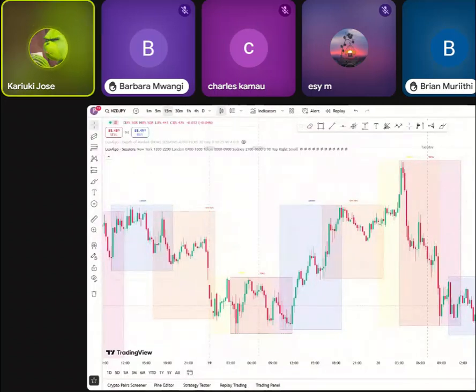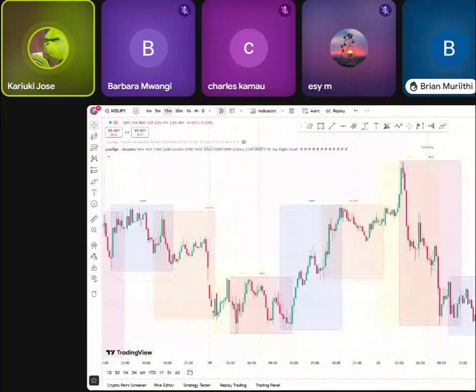Any other question? Brian Mordede na Barbara, naona bado mikono yenu iko juu. So I hope umeelewa concept ya currency trend. Usipoelewa hiyo concept utajipata ukifanya opposite. Utajipata ukisell a strong currency ama ukibuy a weak currency. So please make sure umeelewa. In case utaelewa, you can ask any swali yako kwa group. So just make sure don't buy a weaker currency, don't sell a stronger currency. Tunatumia indicator.